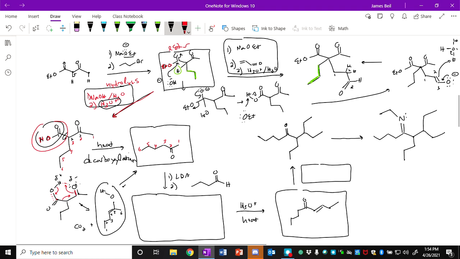All right, working our way through here. Next, we're going to add LDA. So here I have a situation where I've got an alpha proton on carbon 3 and on carbon 1. I have to recognize that the LDA has these isopropyl groups specifically to create a lot of sterics.